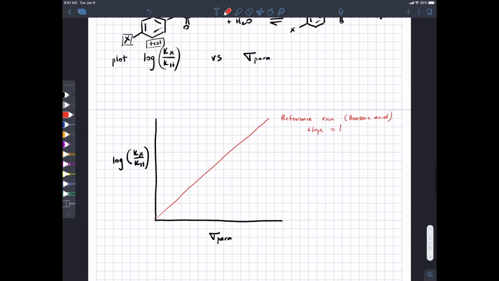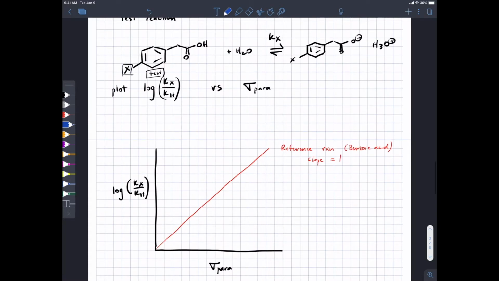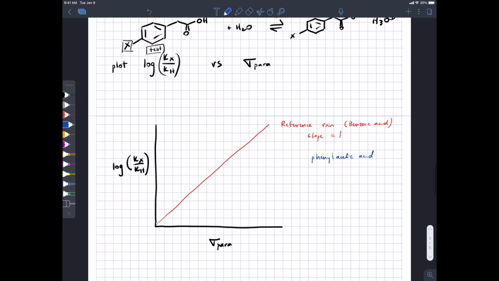Now, if you do the same reaction for our phenylacetic acid, and you measure this log K for the substituent versus Kh, what you see is a slope that's greater than 0 but less than 1.